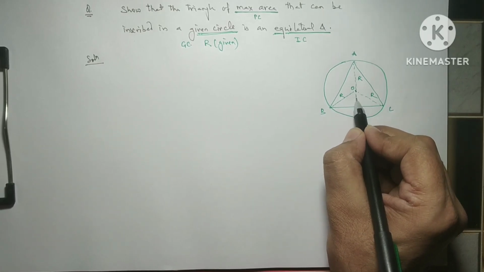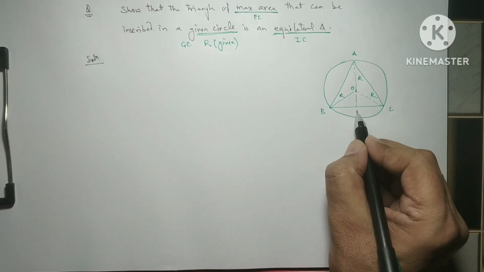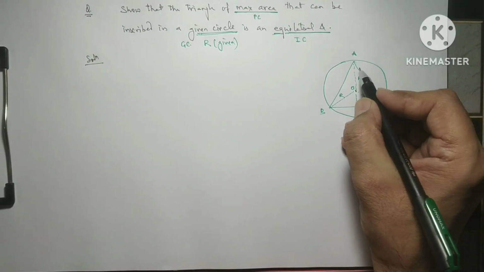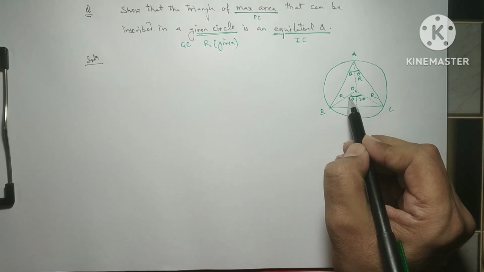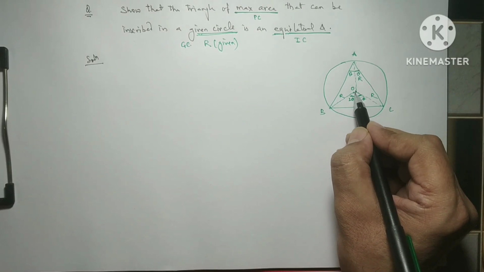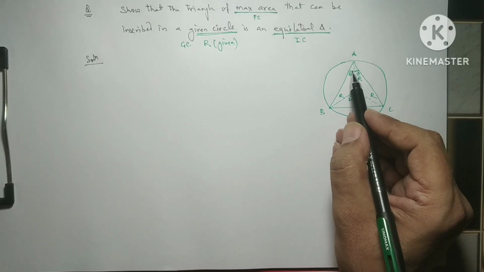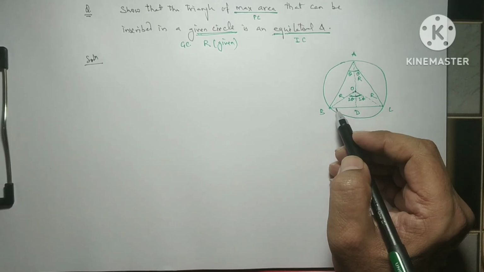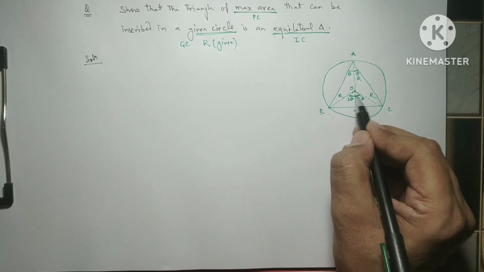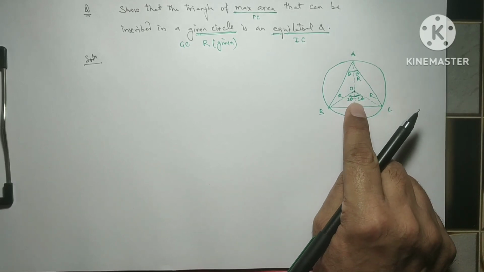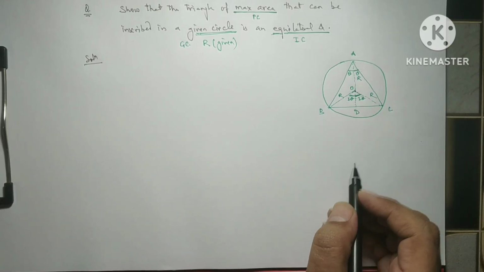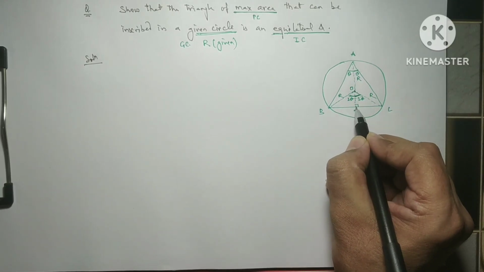And draw a perpendicular on BC. So if this is 2θ, then this is 4θ, because by the circle theorem, the angle subtended on the circumference is half of the angle subtended at the center, so it should be double of this. So this is 2θ and this is 4θ, and this angle is 90 degrees.